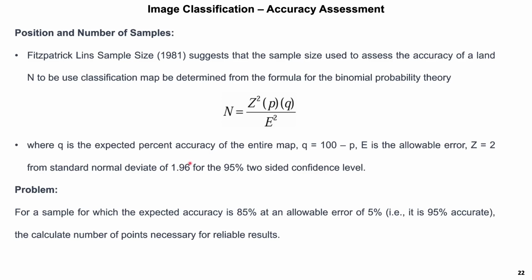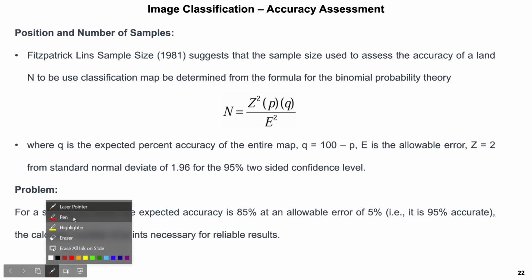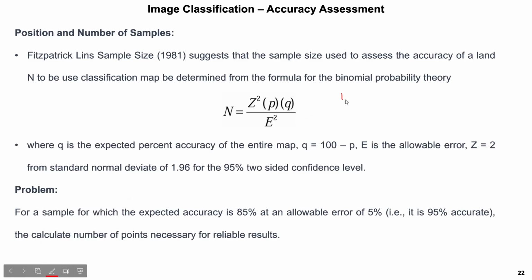See, Z is 1.96, P is 0.85, Q is 0.15, and E is 0.05.